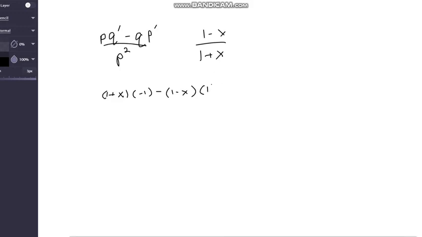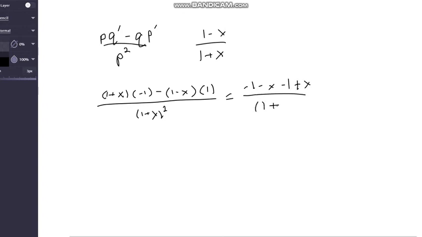That would be 1. All over the denominator squared. So that will be 1 plus x squared. And if we simplify it, we get negative 1 minus x minus 1 plus x all over 1 plus x squared.